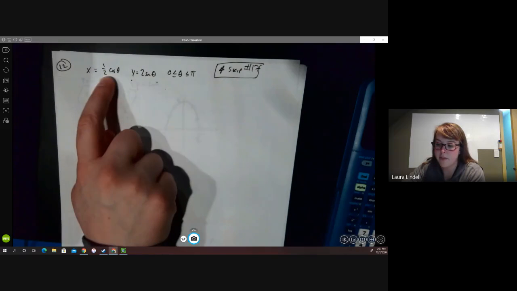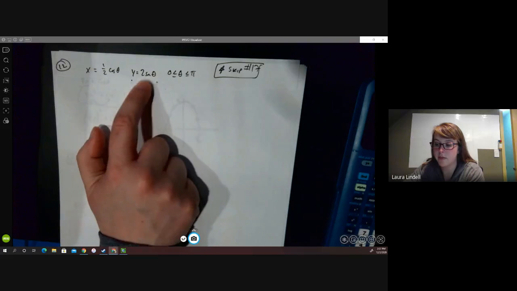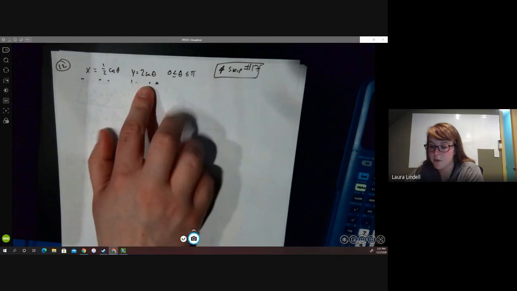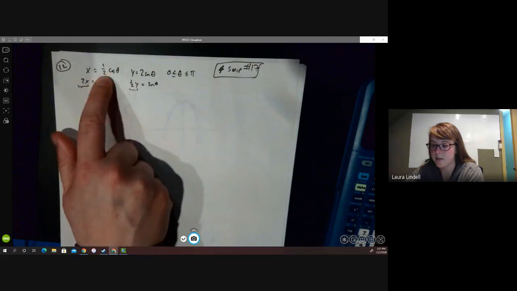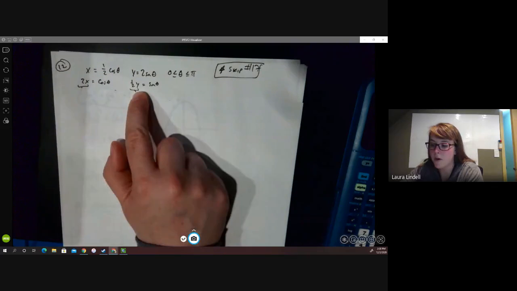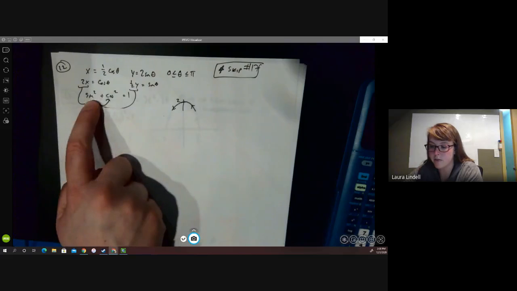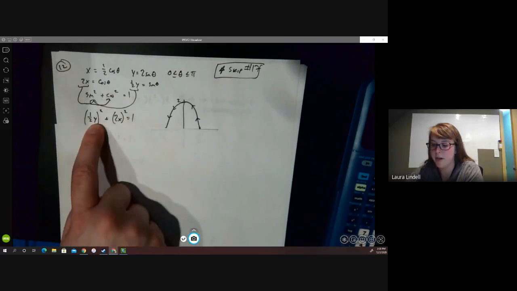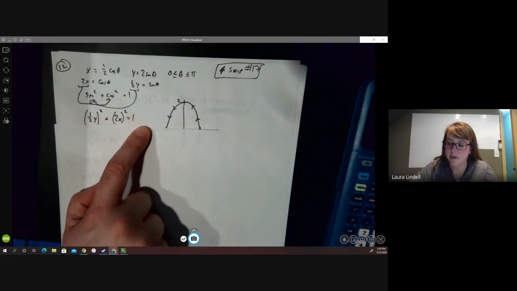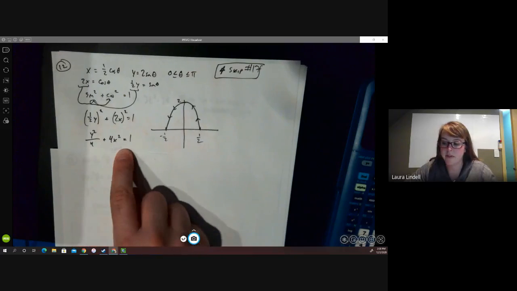To get just plain cosine and just plain sine, 2x would be equal to cosine, because x is equal to 1/2 cosine, and then 1/2 y would be equal to sine. When we plug those in for sine and cosine, we end up with 1/2 y squared plus 2x squared equals 1, which if we simplify, we get this.